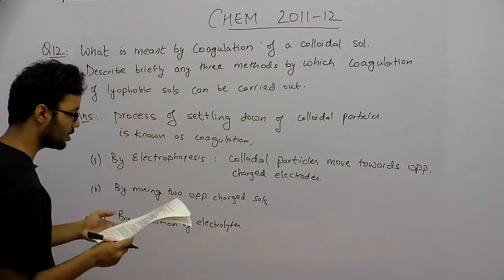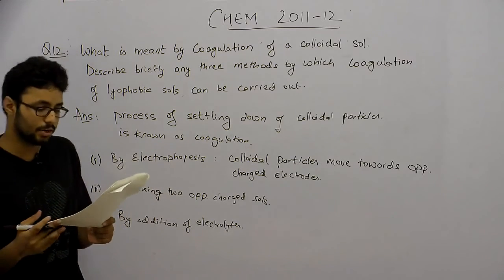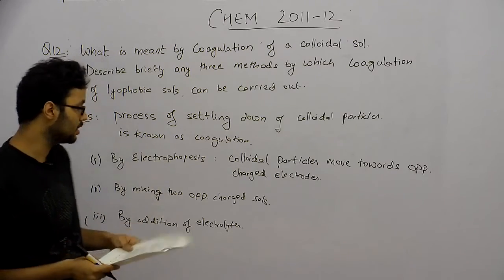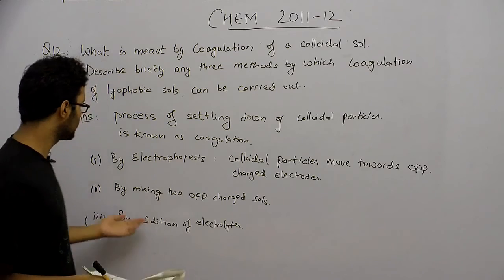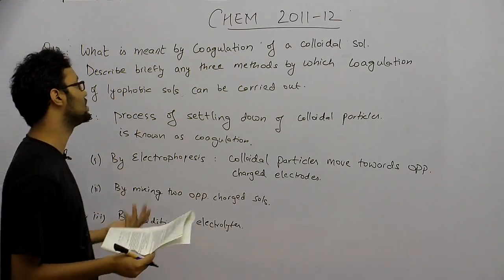So in the third method, when an excess of an electrolyte is added to the colloidal particles, the colloidal particles precipitate out. So it is the next method of coagulation of lyophobic sols.